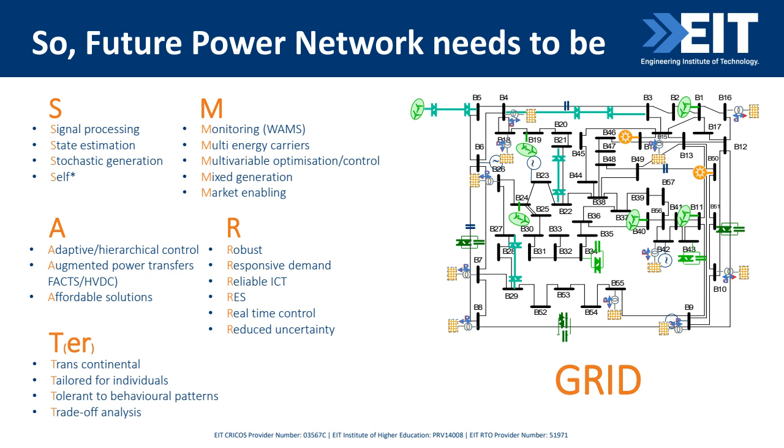M is for monitoring, that is VAMs, looking at multi-energy carriers, multi-variable operation, optimization and control, mixed generation, market enabler. R is for robust, responsive demand, reliable ICT, renewable energy sources. I talked about real-time control, reduce uncertainty. And T is for transcontinental, tailored for individuals, tolerant to behavior pattern and trade-off analysis.